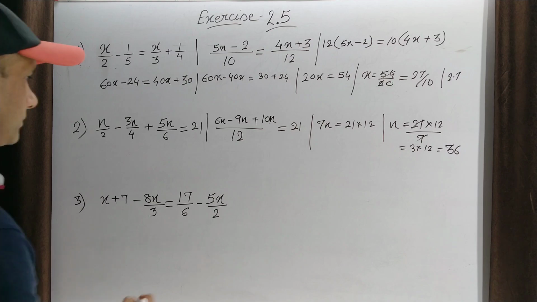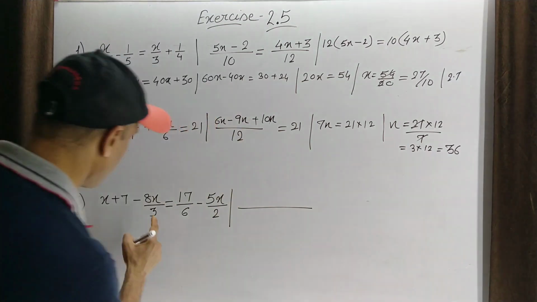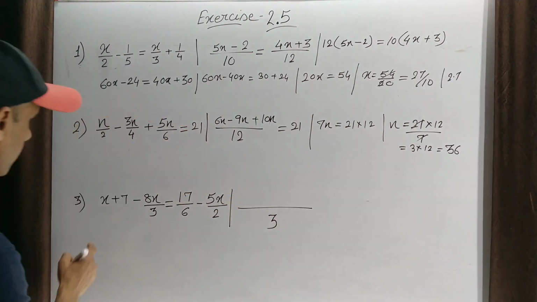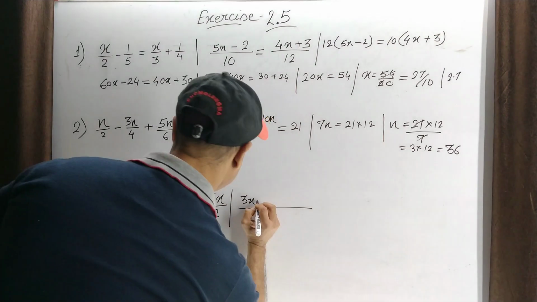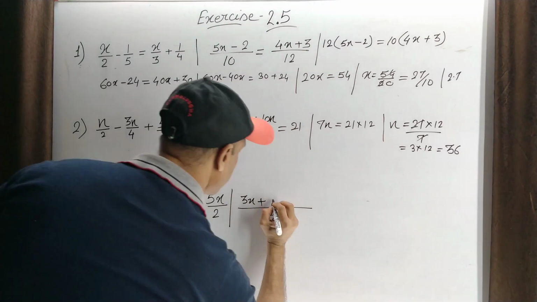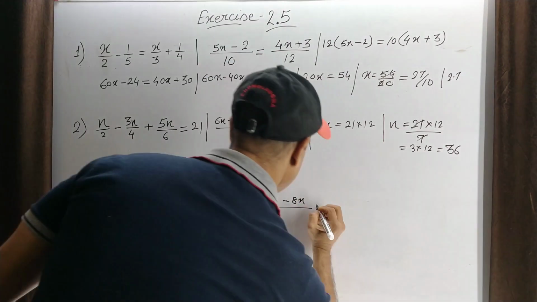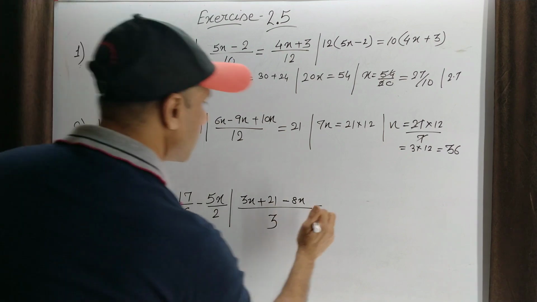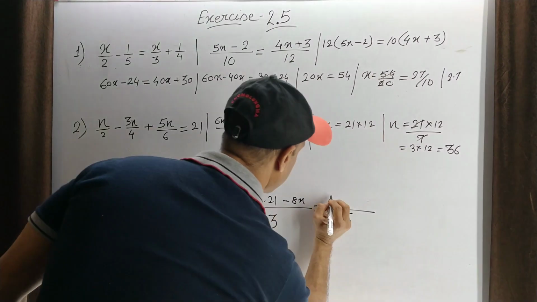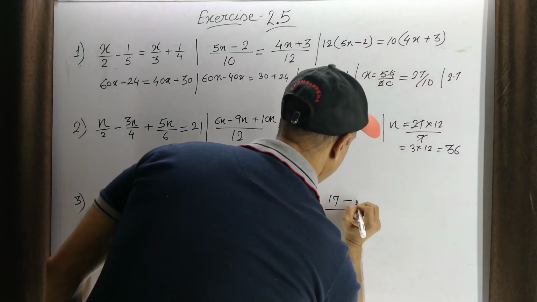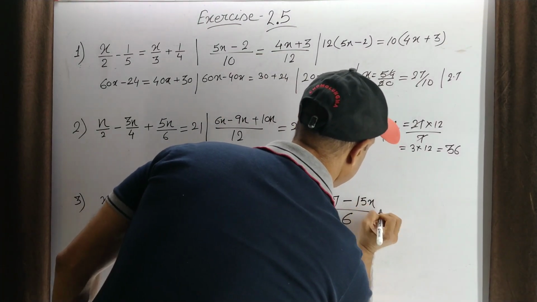Moving on to the next question. Here common denominator will be 3. This will become 3x. This will become 21, 7 3s are 21, and this will remain 8x is equal to, in this case common denominator, that is LCM, will be 6 and we'll get here 17 minus, this will be 3 into 5, that is 15x.